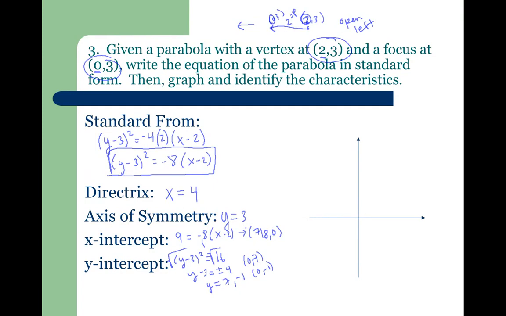Let's graph it. 1, 2, 3. My focus is (0, 3). My directrix is x = 4.